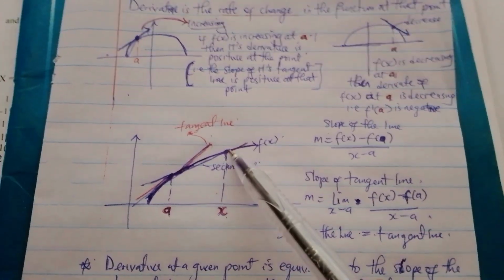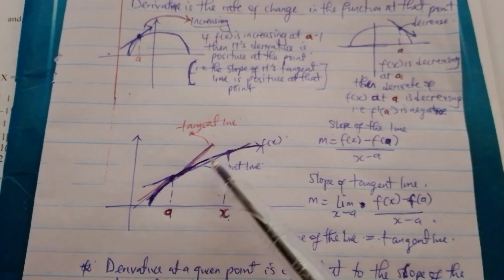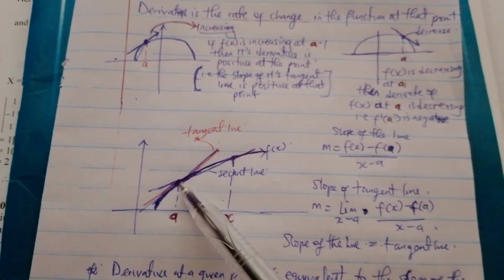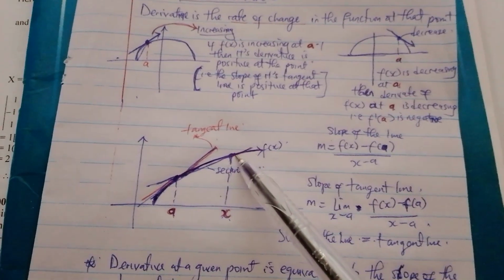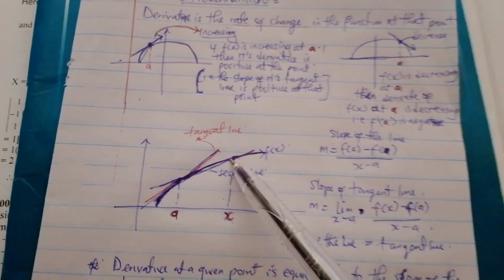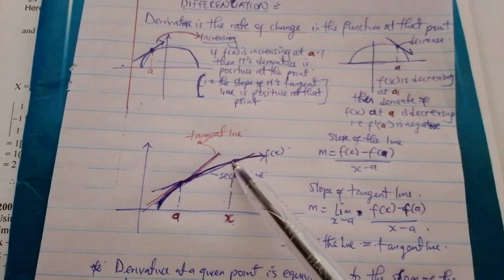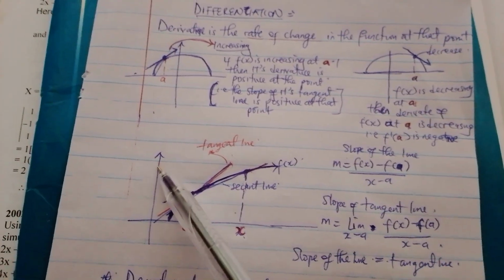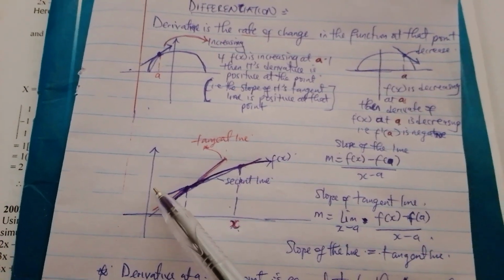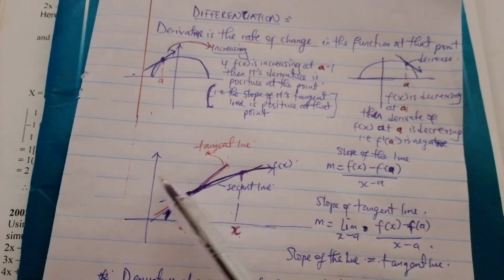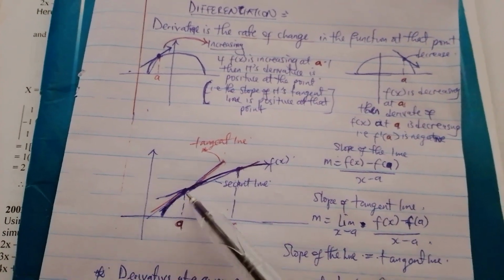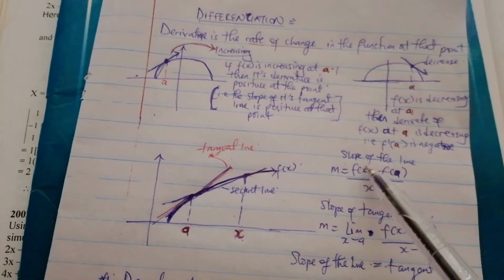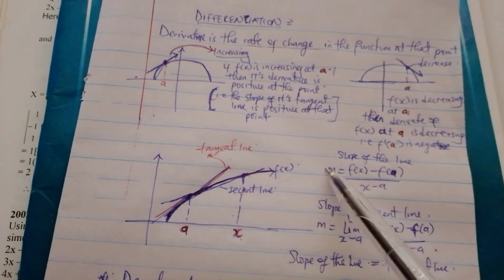I drew a line from this point to this point. Normally the slope of a line is the change in y over the change in x. Here this place is f of x, and this place is f of a. So the slope of the line is the change in y over the change in x, which is m.